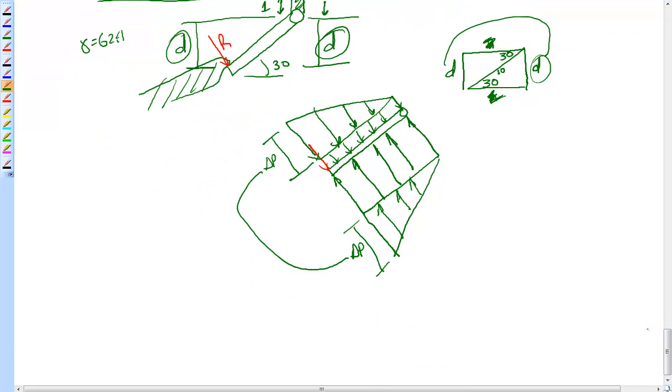First inclination would be to work hard for hours and hours to find every one of these loads and then do a free body diagram. However, if you took a quick look at this, you'd notice that this load, or here, let me use this portion of the triangle, is exactly offsetting that one. And this part will slice out a portion here. So your equivalent free body diagram would look like this.